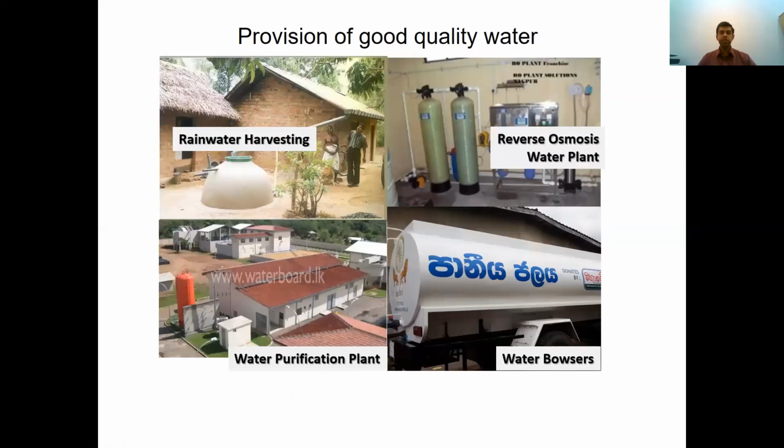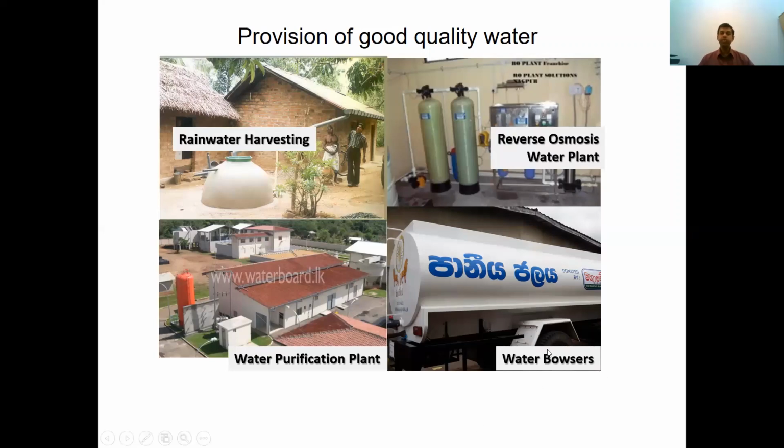And this is provision of good quality water to these areas, where people are using different ways of getting good quality water. Rainwater harvesting is one of those things that is done in some parts of the country, where they collect all the rainwater directly into a collector and use that for their personal consumption. In some areas, they have reverse osmosis water plants that have been installed to clean the water.